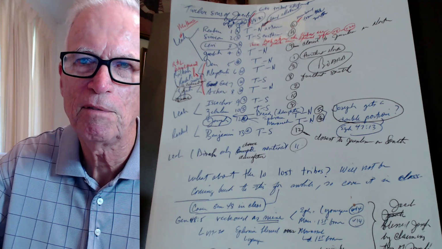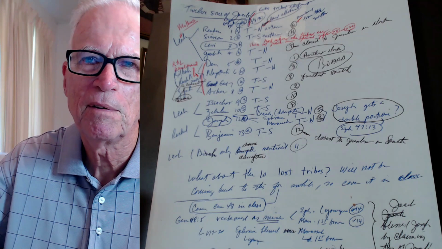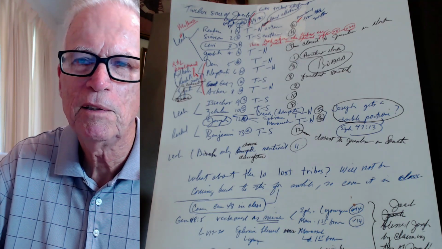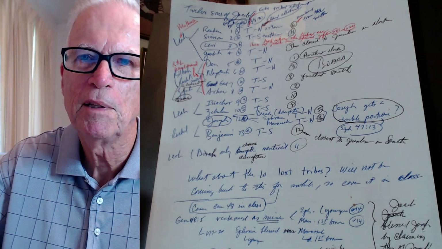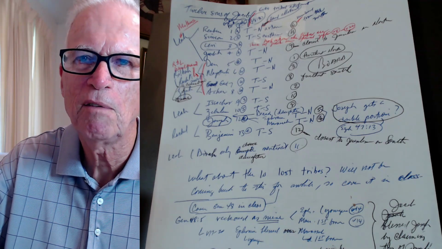He was traded off to slaves, shipped off ultimately to Egypt, where he had this big fiasco with Potiphar's wife.